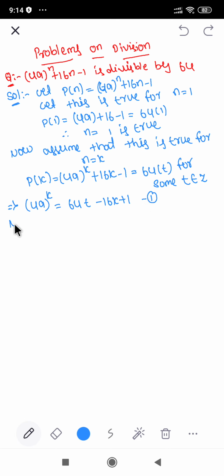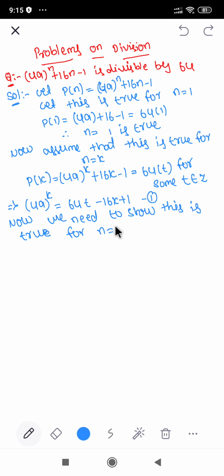So now we need to show this is true for n is equal to k plus 1. We need to show this is true for n is equal to k plus 1.